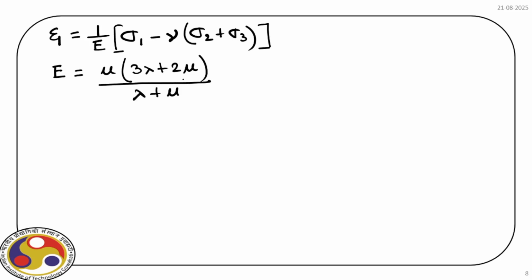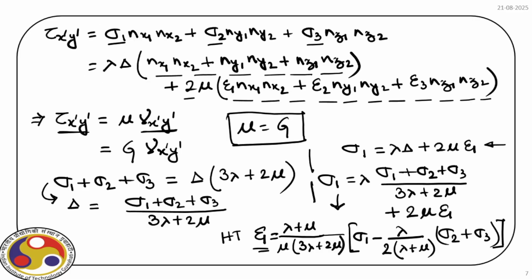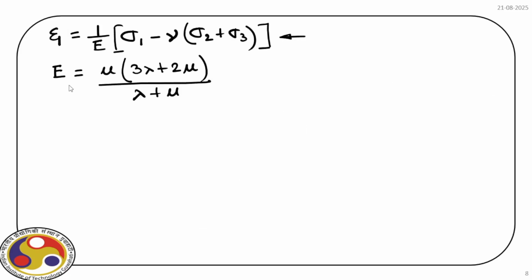How do we get it? Again, I repeat, I compare this expression with the one we derived here. If you do that, you get the first expression, that is Young's modulus, and the second one is for Poisson's ratio. Poisson's ratio is lambda by 2 times lambda plus mu.